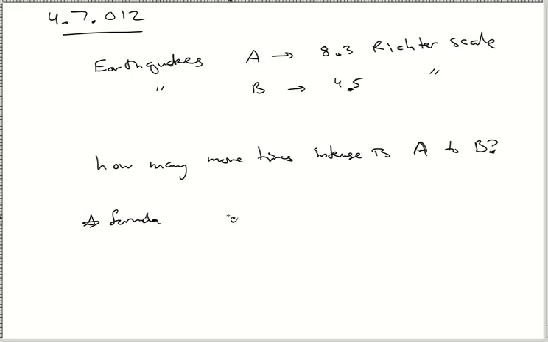The Richter scale stuff is 10 to the, I don't know what I would call it, Richter scale R. It's good enough, I guess. And so then we got 10 to the 8.3 divided by 10 to the 4.5. And because they're asking how many more times, it's a ratio of some kind.